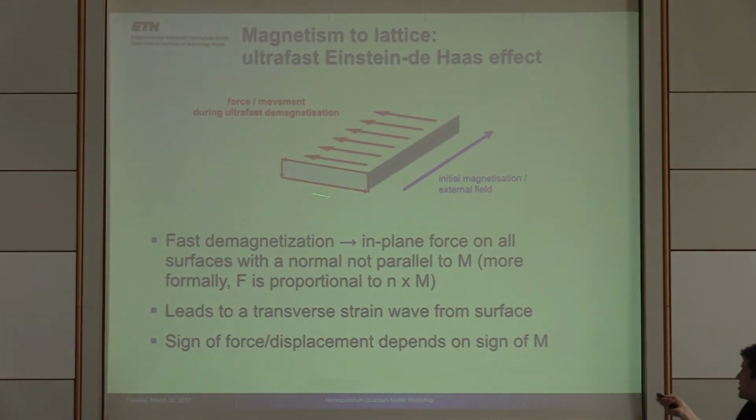So this leads to a transverse strain wave that will propagate from the surface, and a signature of this will be that the sign of the force, whether it's going from left to right or right to left, will depend on the sign of m, also because of this cross product relation.